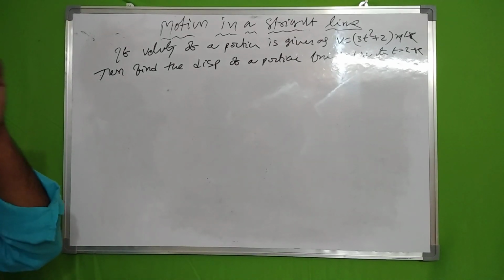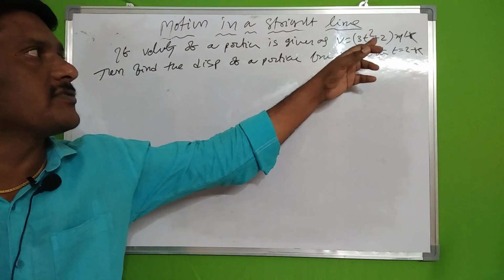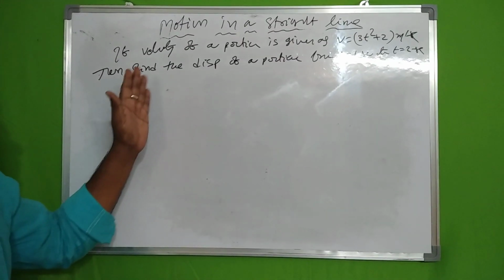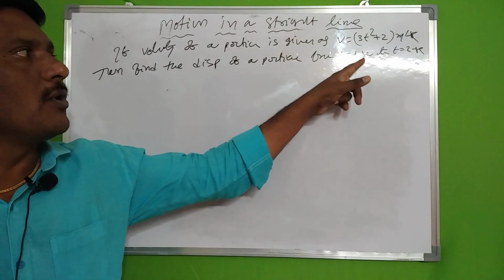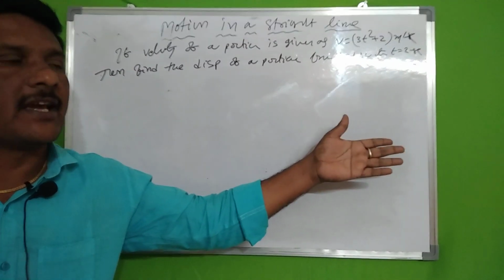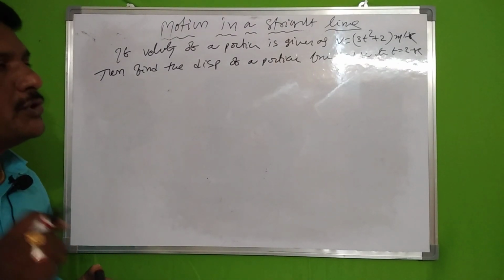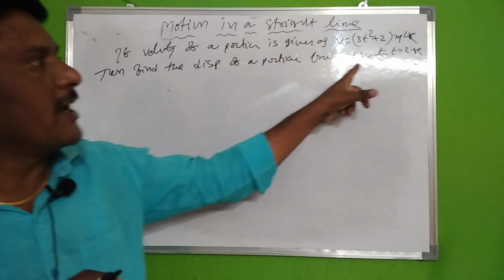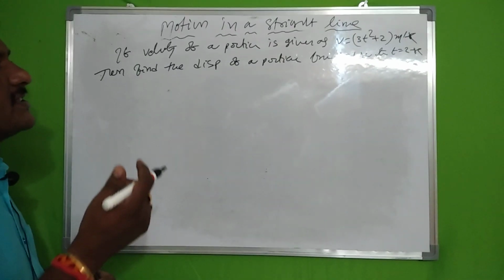Okay, clear? If the velocity of a particle is given as v equal to 3t square plus 2 meter per second, then find the displacement of a particle from t equal to 1 second to t equal to 2 second. So we know that according to instantaneous velocity, since particular times are given, we can apply the instantaneous velocity formula.